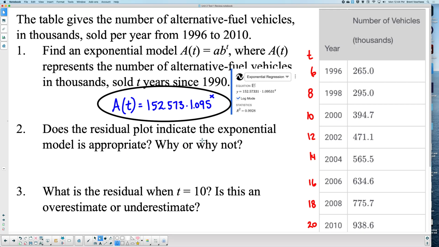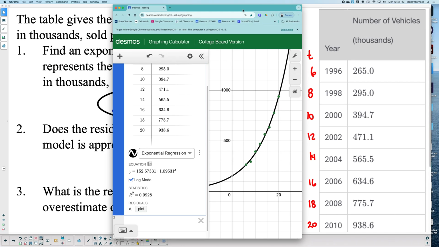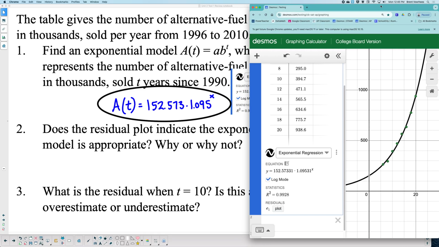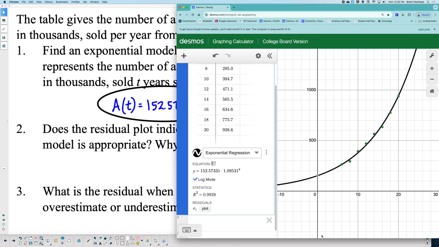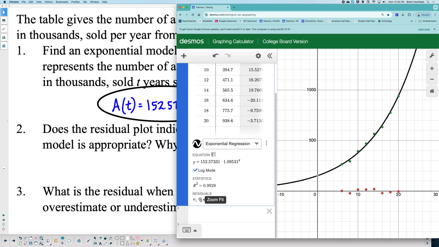Number 2, does the residual plot indicate the exponential model is appropriate? Why or why not? Let's talk about residuals. So to do a residual on your graph, do y'all remember how to do a residual? Down here you hit the plot button. You hit the plot, and then after you hit the plot, do a zoom fit on the residuals.